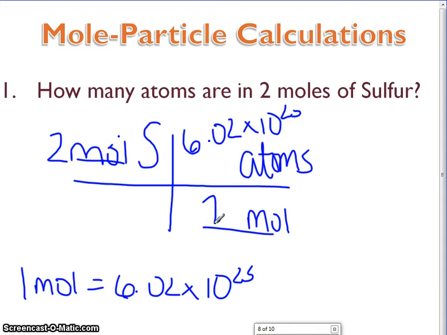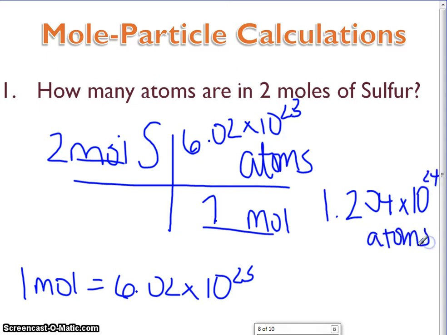Multiply across, 2 times 6.02 times 10 to the 23rd will give you 1.204 times 10 to the 24th atoms of sulfur.